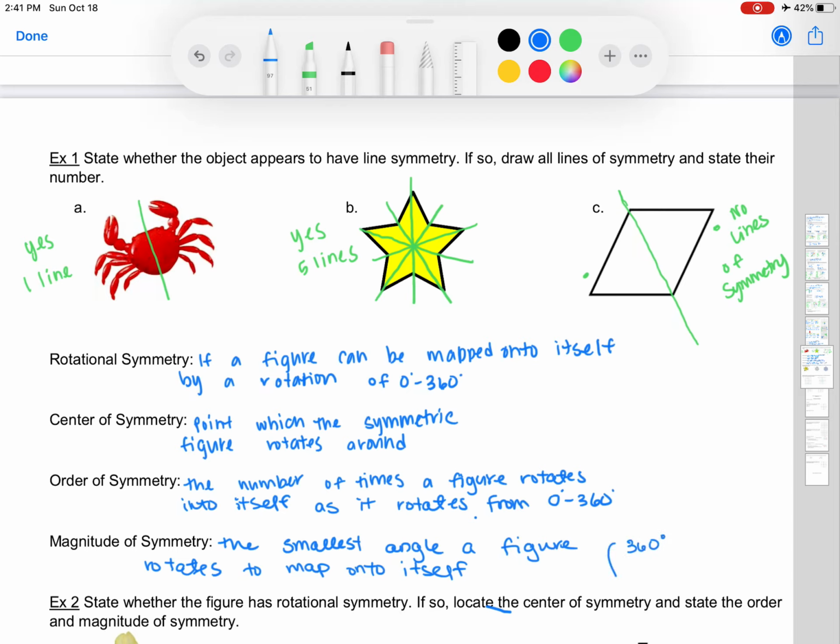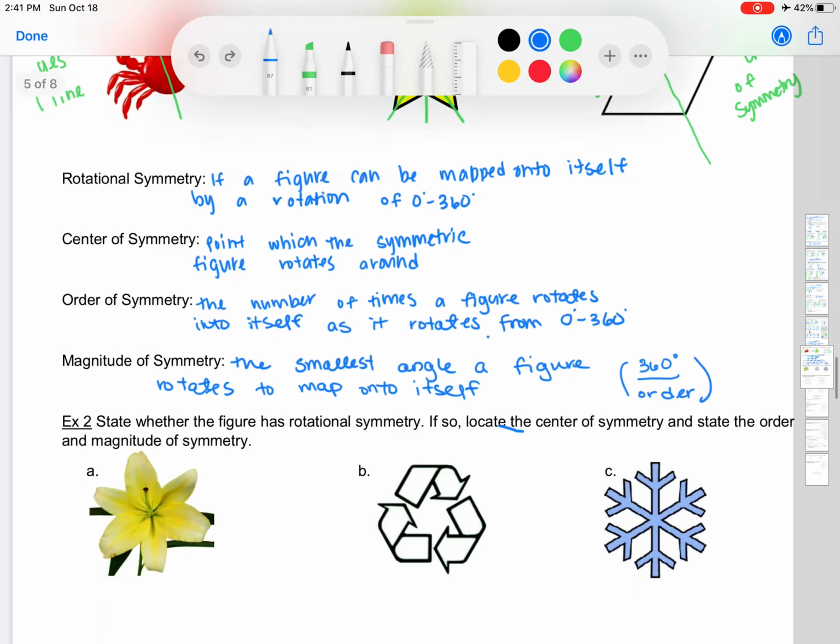And the easiest way to do that is by taking the 360 degrees and dividing that by your order, or the number of times you can map it onto itself when rotating around a circle.